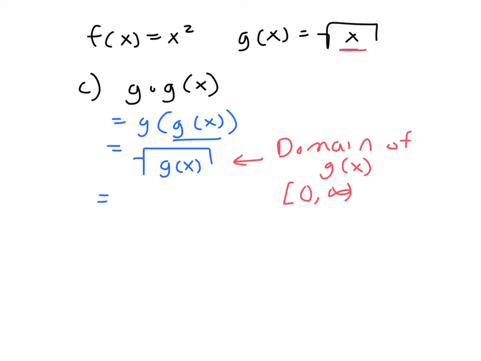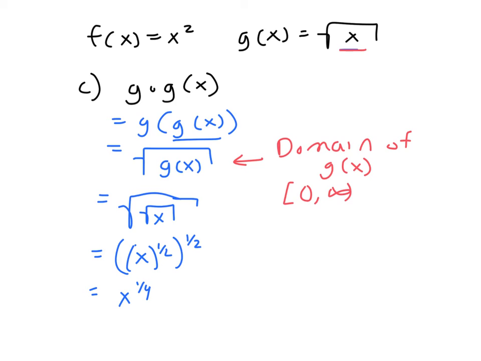I continue, and I say, okay, now let's plug in g of x. So I get square root of the square root. If you remember, square root is to the 1/2 power. So that's x to the 1/2 to the 1/2 power, which would then be x to the 1/4 power, which is the 4th root of x.